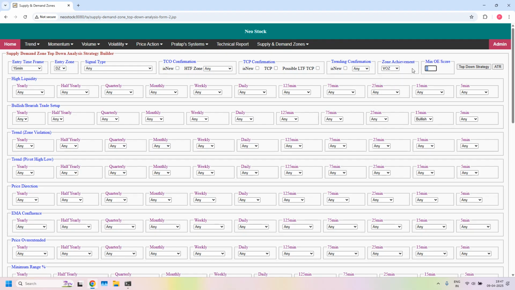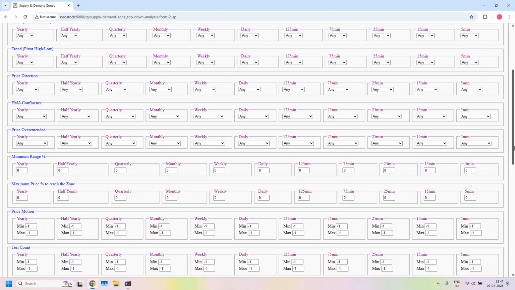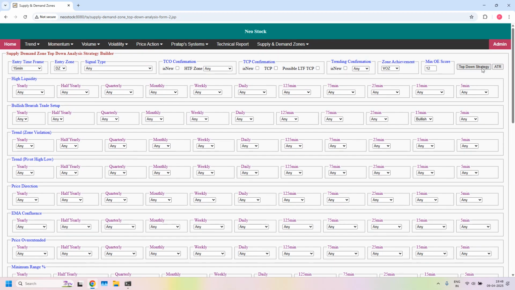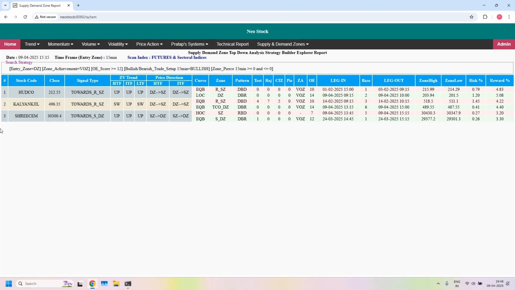Minimum odd enhancer score should be 12. And also the 15 minute demand zone should not be pierced. So in the pierced count at 15 minutes time frame, I am setting minimum value 0, maximum value 0. With these filters, we got 3 stocks.